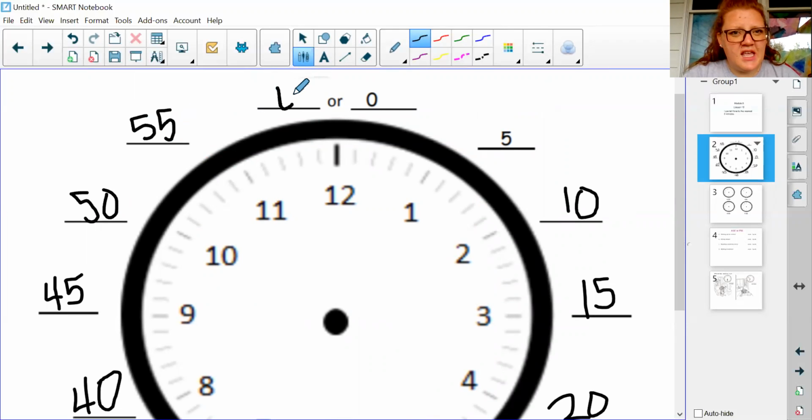Now this would be 60 or our starting 0 here.